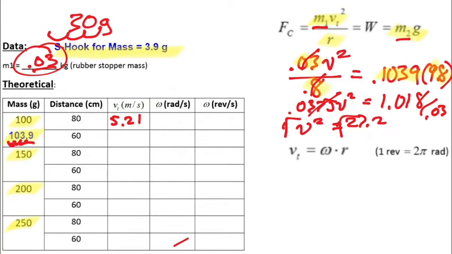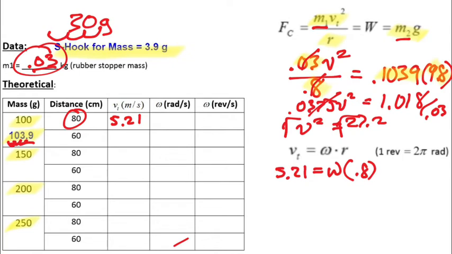We showed you guys this formula. Tangential speed is omega times radius. We talked about that, I think we did one little problem with it, 2 days ago. So we've got our tangential speed, 5.21, equal to omega times the radius, and again the radius was that 0.8. So this is pretty easy.